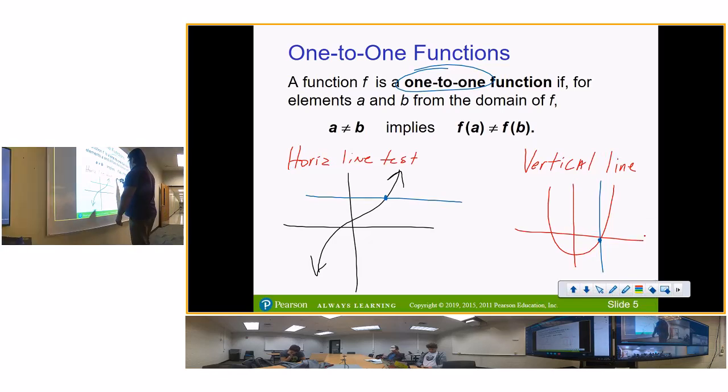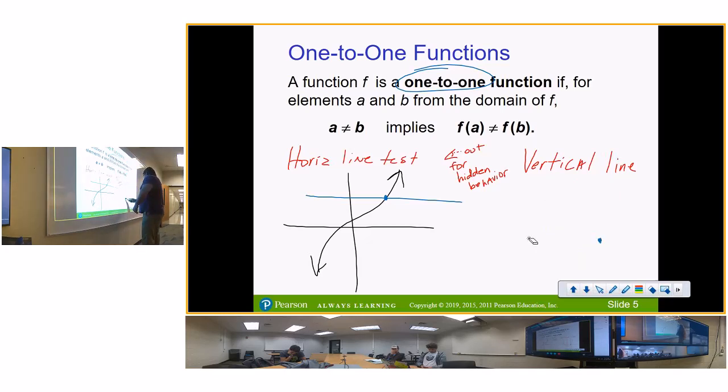You got to look out for hidden behavior. Hidden behavior would be something like this. You have an x to the 5th function or x to the 7th function.